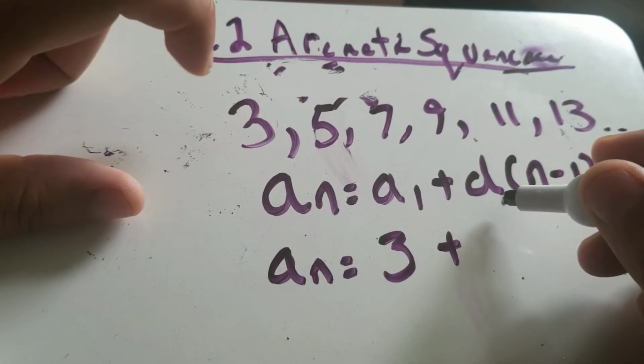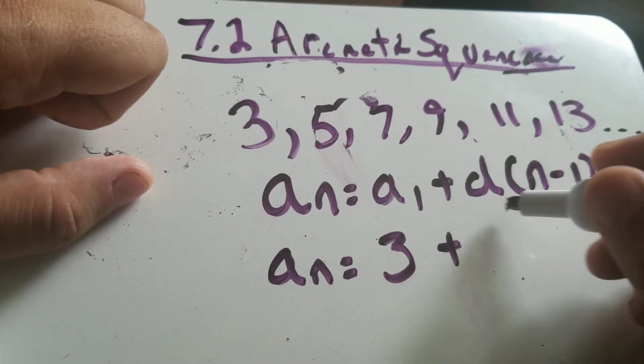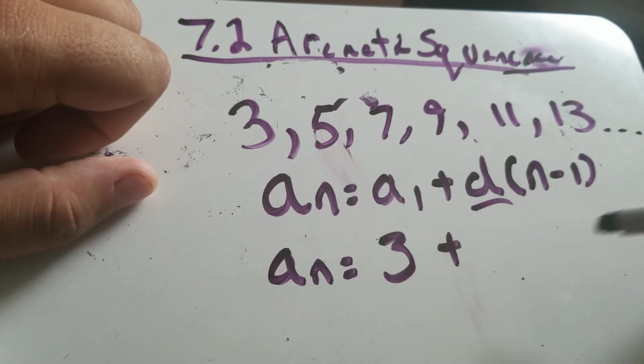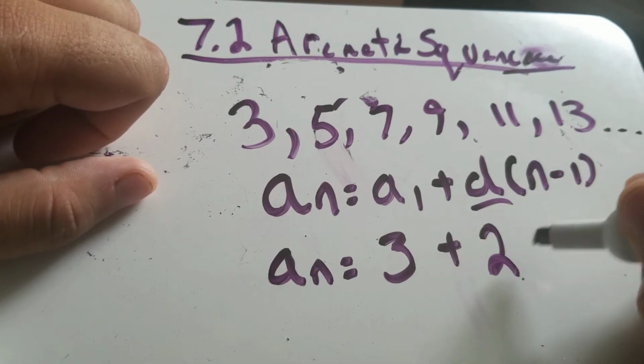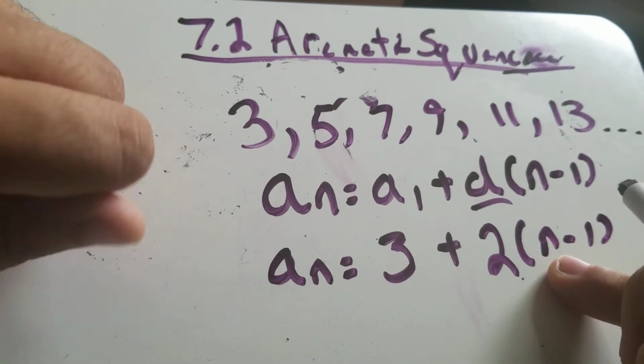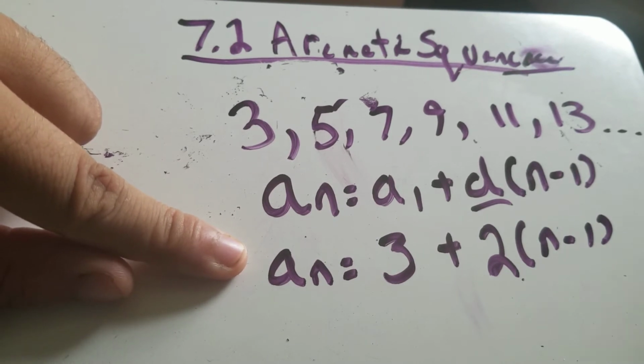D is for every step, 2: 3 to 5 to 7. So D is the pattern or the rate, so that's going to become a 2. N minus 1. N is going to stay the variable because I didn't ask you to find a specific spot. All I ask you is to write the equation.